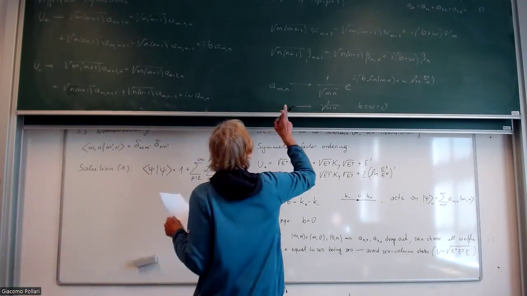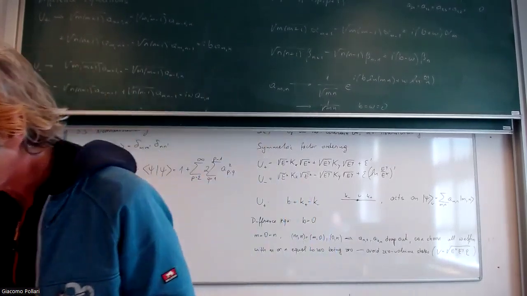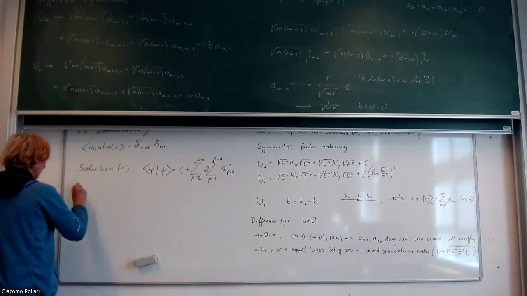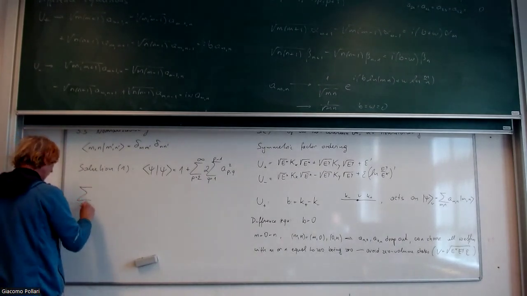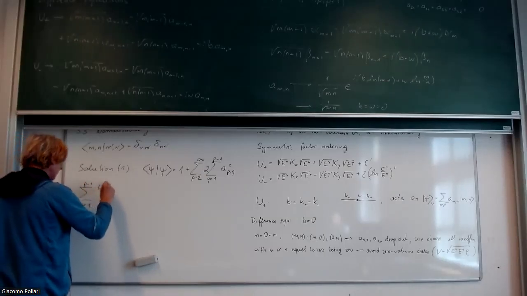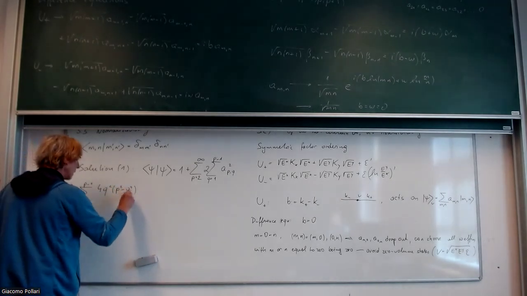So, and now we insert this. This sum over q going from 1 to p minus 1, you have 4 q square, p square, q square.